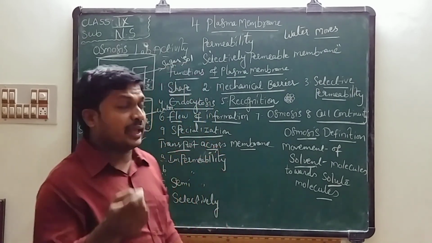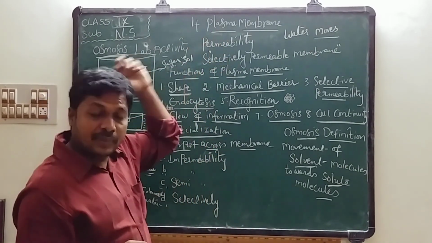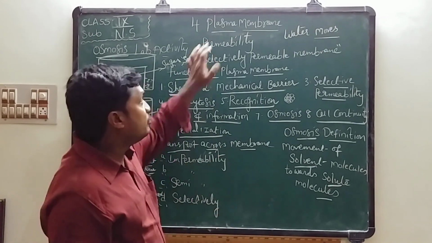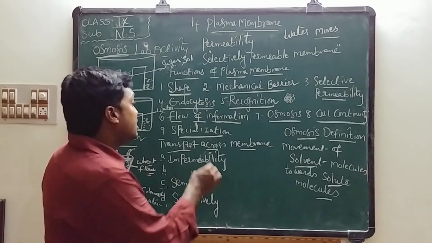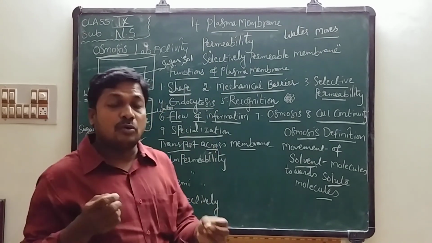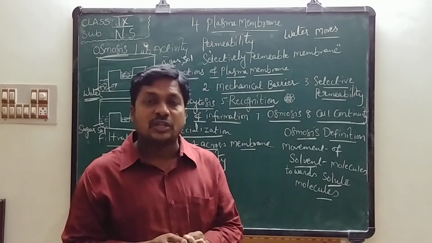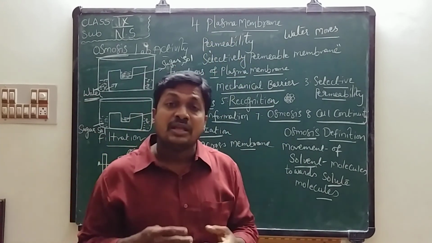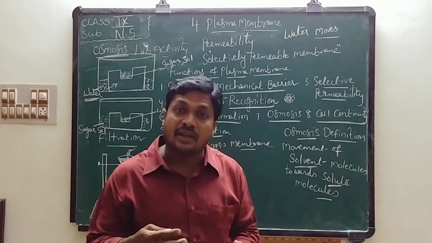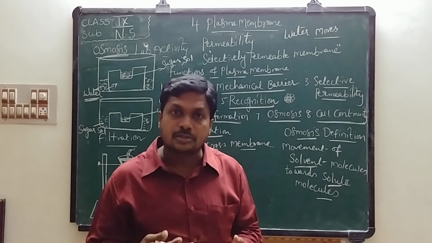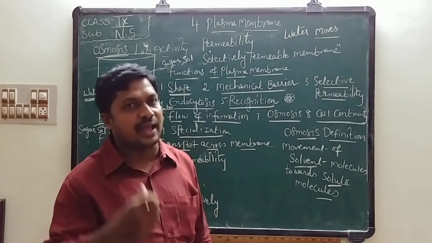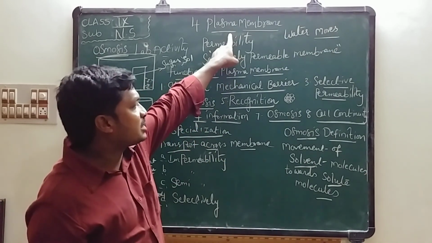This microvilli of plasma membrane helps to absorb digested food. That is the special character related to plasma membrane. Specialization: plasma membrane also performs special characters, especially microvilli present in the small intestine, which absorb digested food.